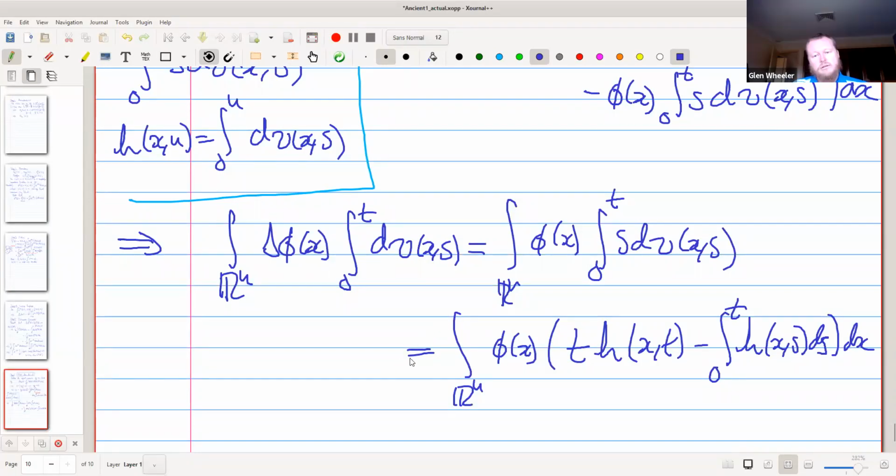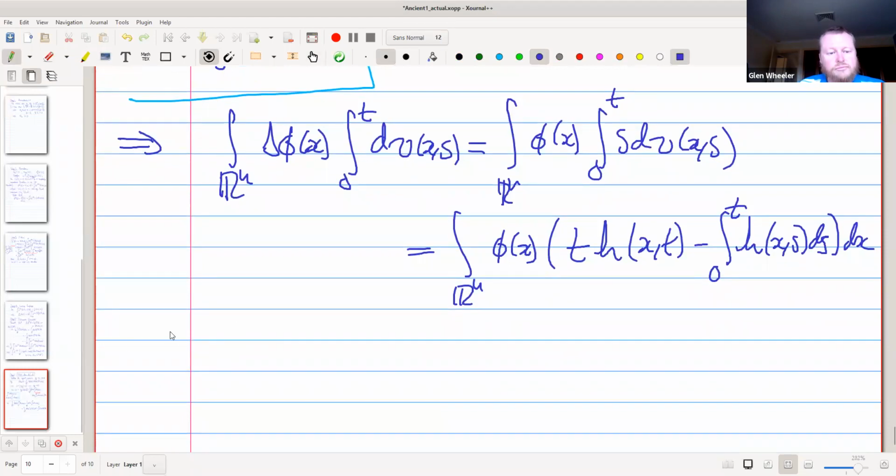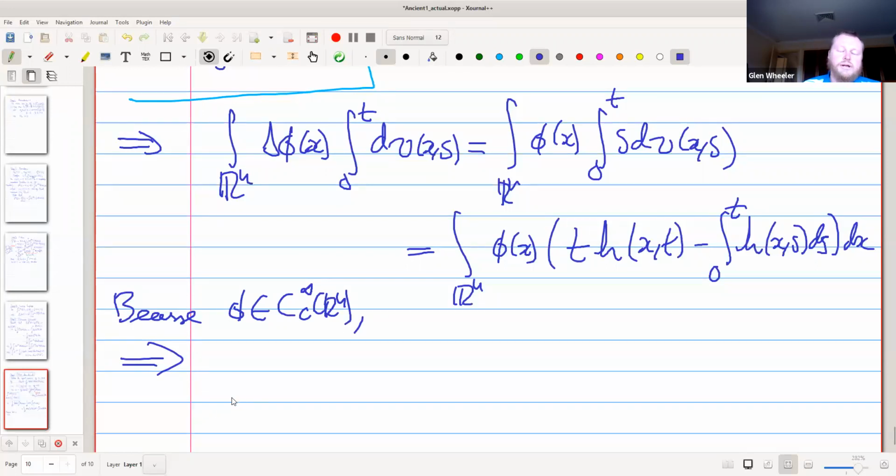Okay. All right, so what does this mean? Let's take a look. So this again is another dE, and this is a dE for h, because this is true for any phi in C_c, and we have a dE for h that at each t solves.